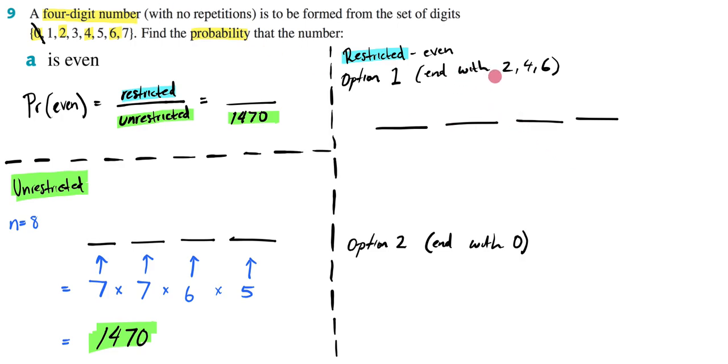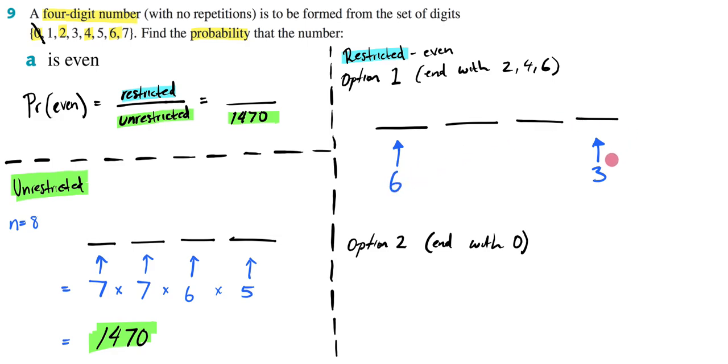So now I can end with 2, 4, or 6. So that means this one right here, I have 3 options to fill it. It can either be 2, 4, or 6. Then I come to the first position right here and I ask, well, how many options now do I have for this first position? Well, I've already used a number here, 2, 4, or 6. And I know that this one also can't be 0. So that means I have 6 options.